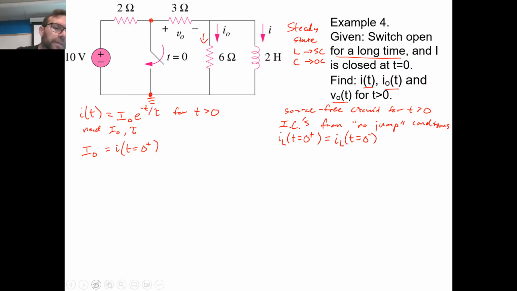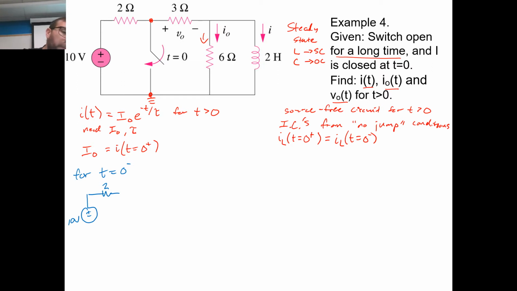To be able to find it, let's look at t equals 0 minus, right before the switching event occurs. Let's draw the circuit. We have the 10 volt source and the 2 ohm resistor.